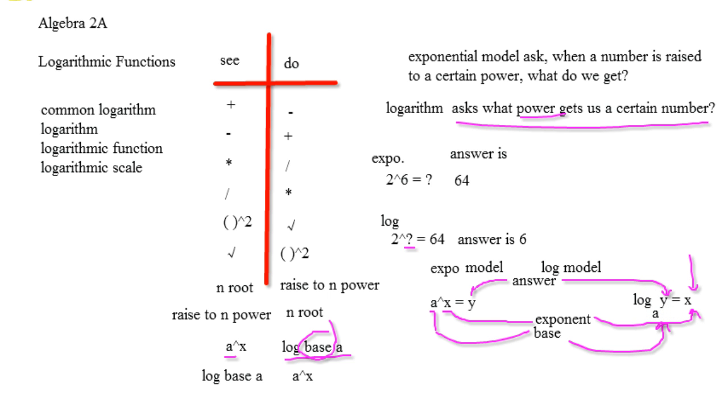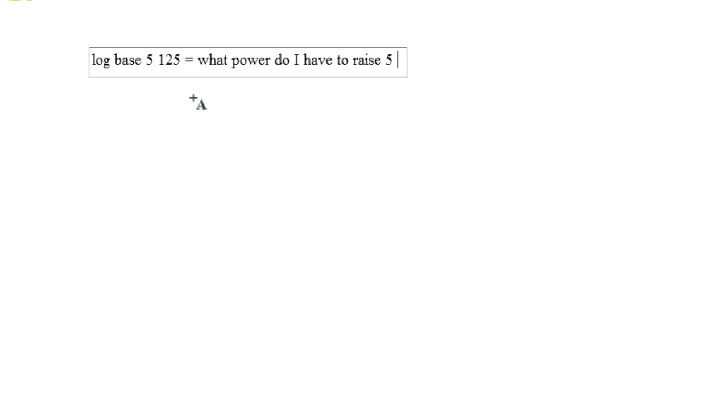Okay. Alright, let's take a look at some actual questions. Let's go log, and I'm going to have to write out the base. It's going to take too long to type the subscript. Okay, log base 5 of 125. So what this is saying is what power do I have to raise 5 to get 125?